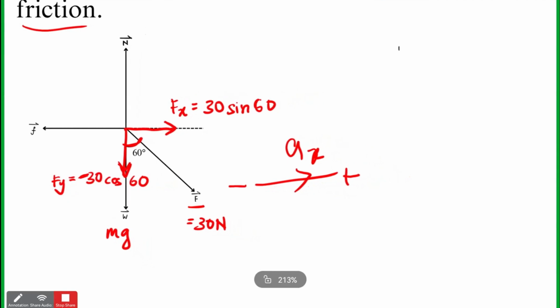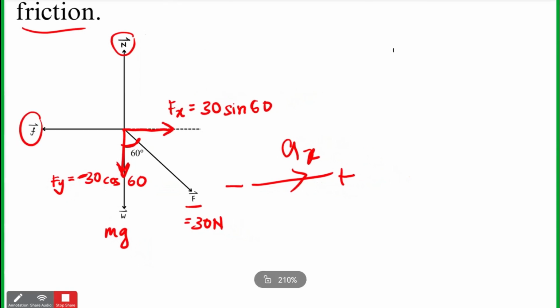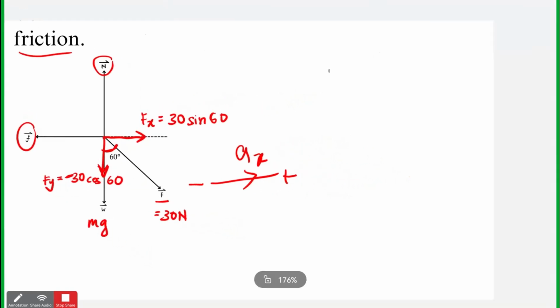Now we have all of this information except the normal force and the friction force. This is what we are going to find out in this part.